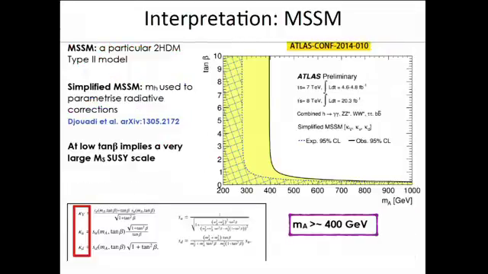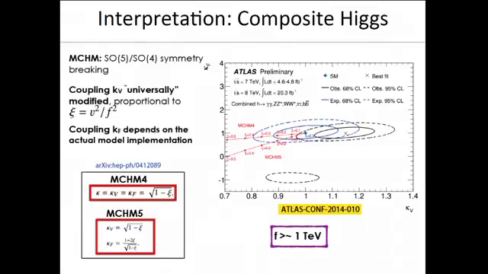And you can interpret this in the framework of the minimal supersymmetric standard model, that is a particular case of the 2 Higgs doublet model. And here, for example, you have the limit on tan beta versus the mass of the axial Higgs, and you see that for large tan beta you have a limit of 400 GeV for M_A. And this is a plot that has been shown in the previous talk before the coffee break.